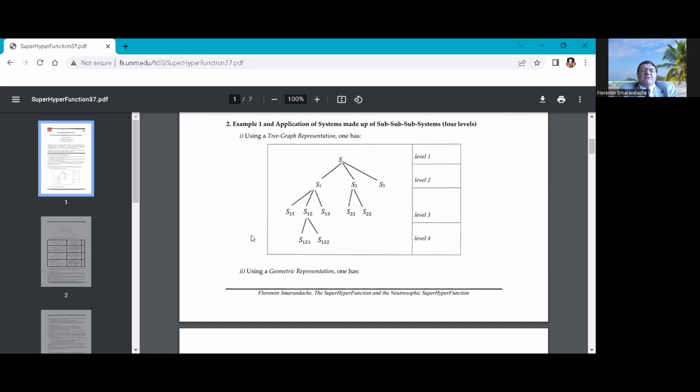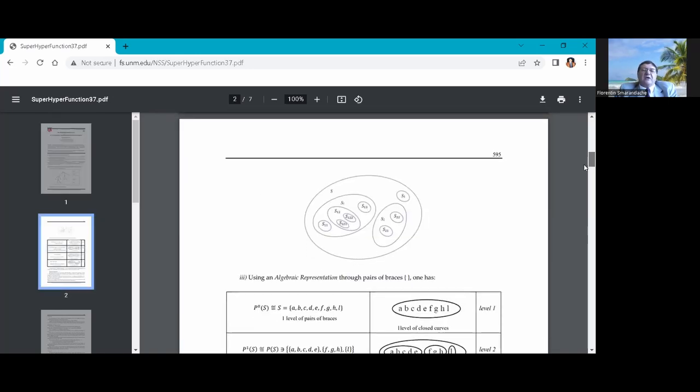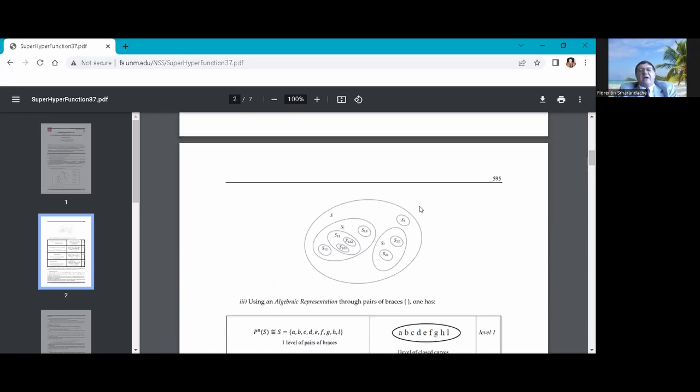And further on, we have level 4, with subsystems S111, S112. So in the same way as we're organized in real life, we can write this way.